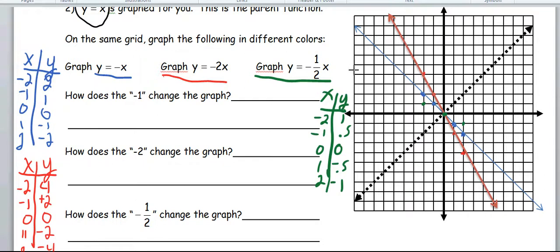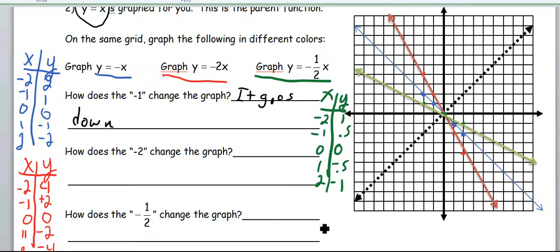Alright, now let's change the color on that, and we will be able to start answering some questions. So the questions now are, how does the negative 1 change the graph? Remember, negative 1 is this blue line, and what it does, it looks like it goes down.